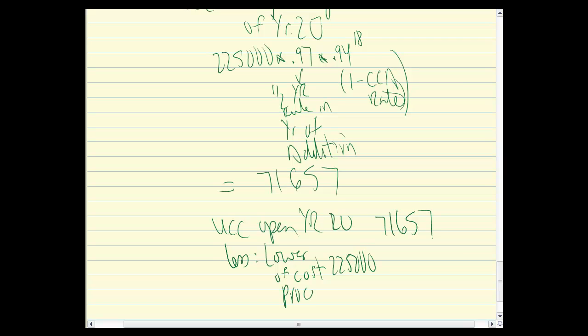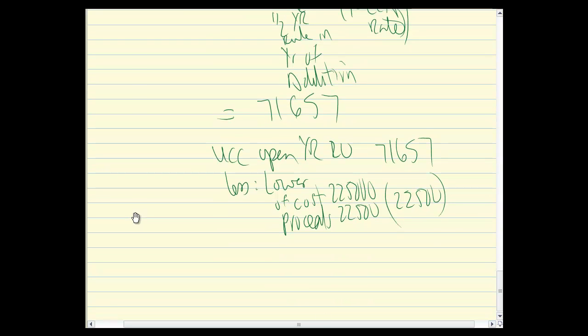Proceeds, which are how much? 22,000. How much does that come to be? 49,157.